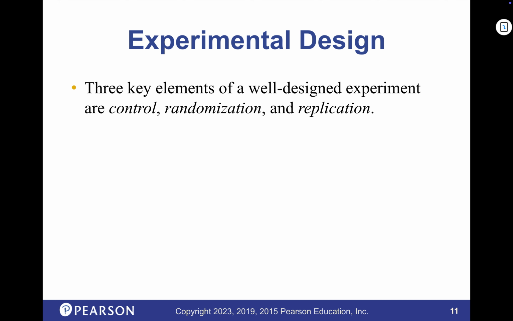Randomization is important in an experiment so that our subjects are chosen randomly. Again, that helps with getting a representative sample, but it also helps us to not have all the sick people over here and all the healthy people over here, so we're seeing if our treatment really works. And the last one is replication. We could do it again and get similar results. That's how they do it. Especially for medicines, they have to do several trials. They have to replicate it. And then it's, okay, your medicine works.